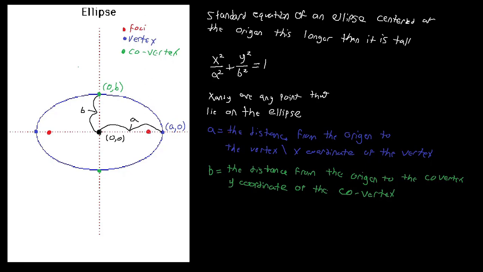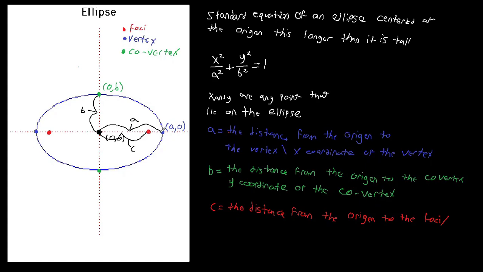So we need to know one other special distance: the distance from the origin to the foci, and that distance is called C.